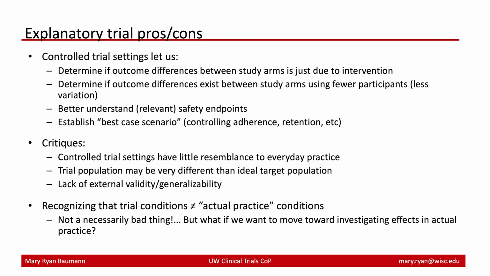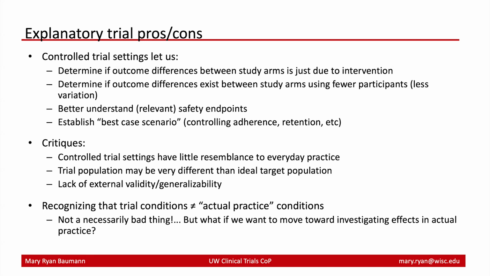It also makes it a little bit easier to randomize our study arms if we're controlling the environment a little bit better. There's fewer things that we have to be concerned about balancing on.